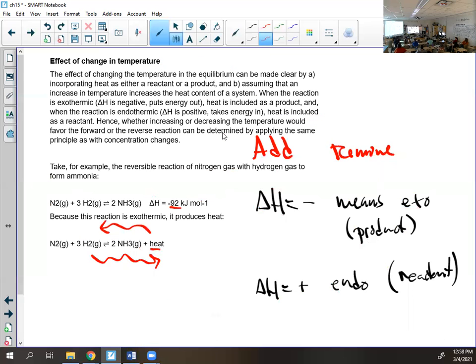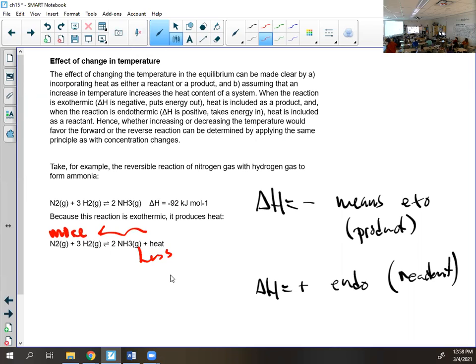Now, what do I mean once again by away? If I move away, that really means more of the side I move towards and less of the side I move away from. So if this were the graph, and I add heat, I would go towards the reactants.